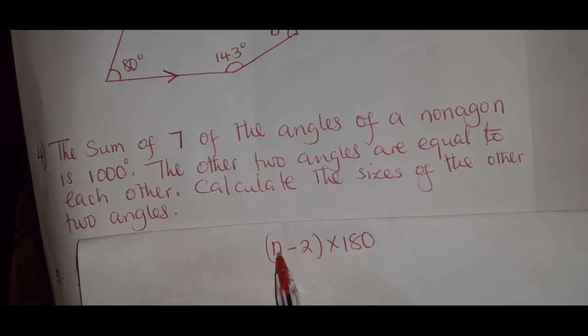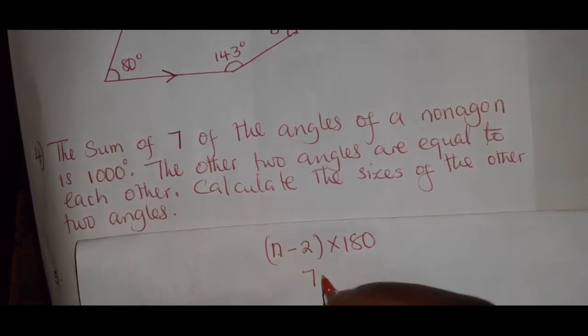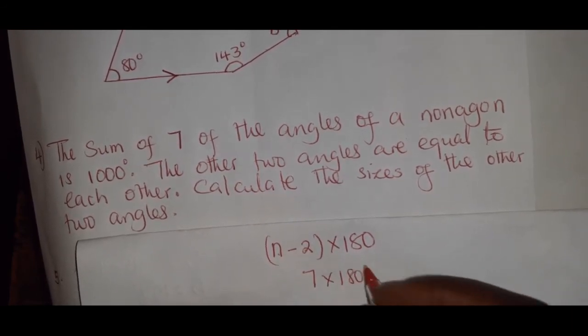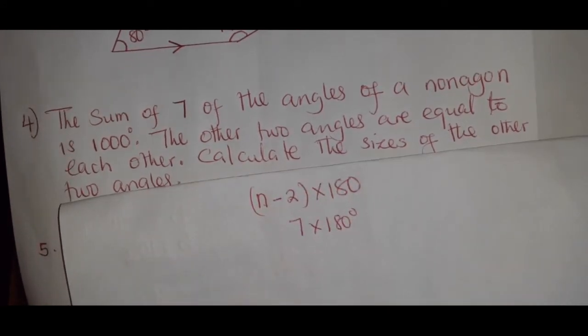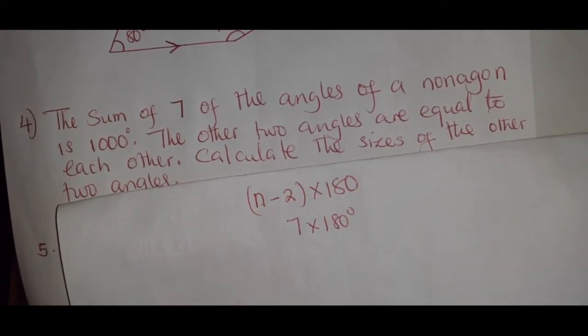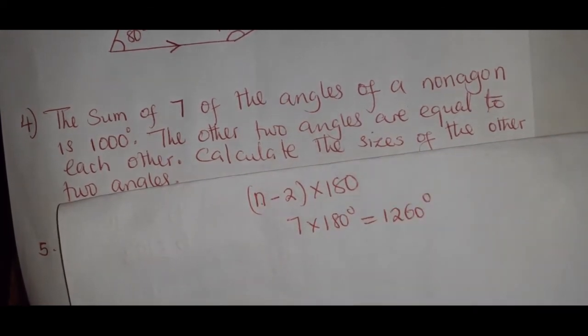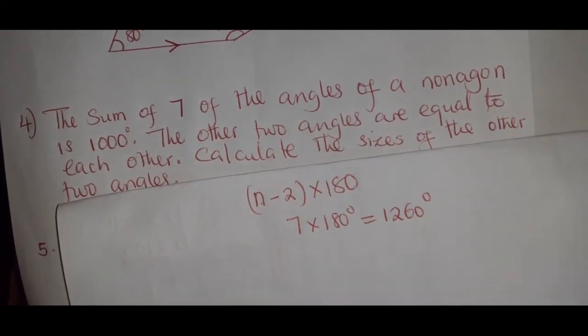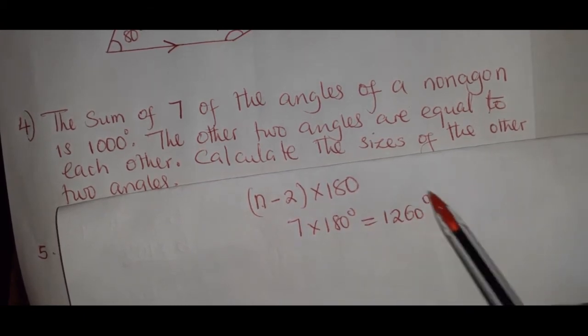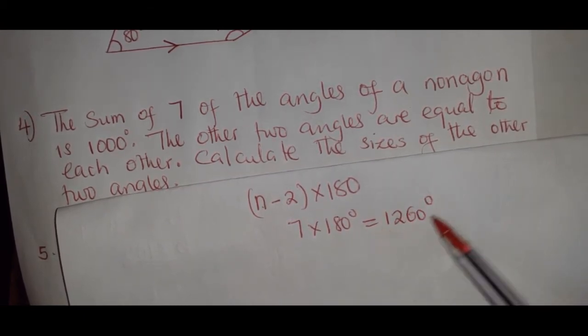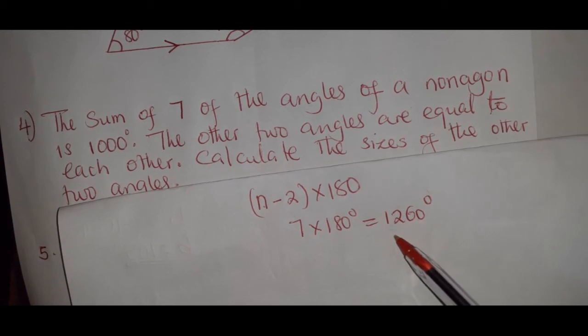So we say 9 minus 2, we have 7 multiplied by 180. Let's multiply. What do we get? This is the sum of the interior angles of a nonagon.